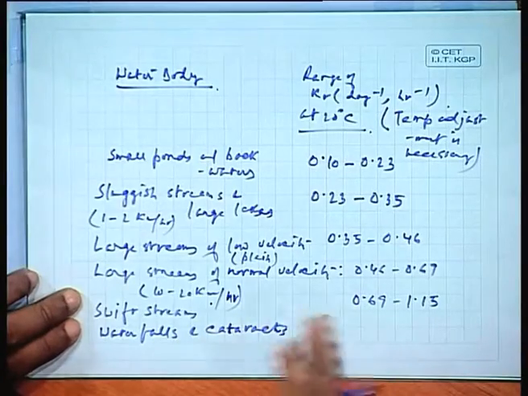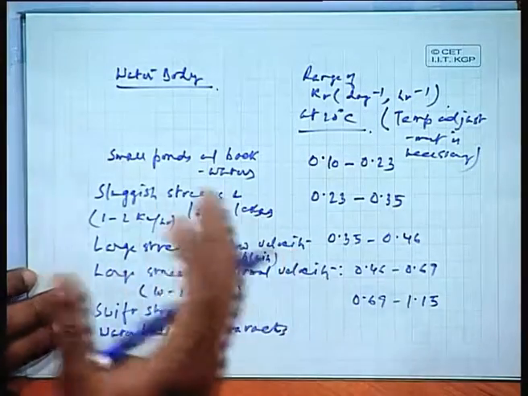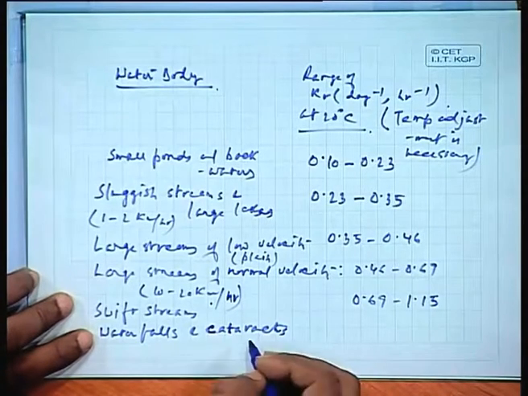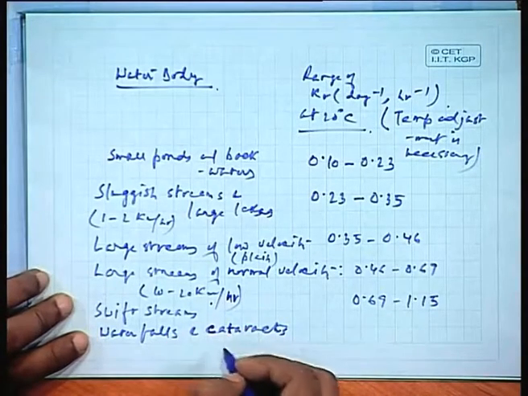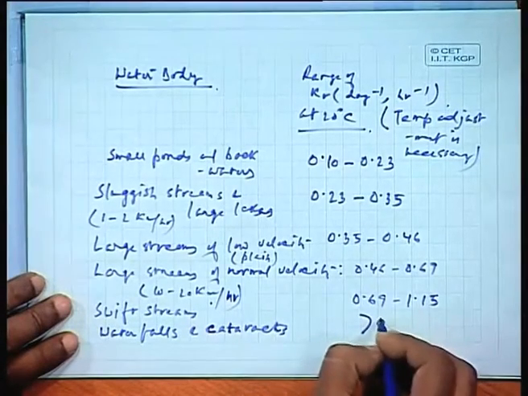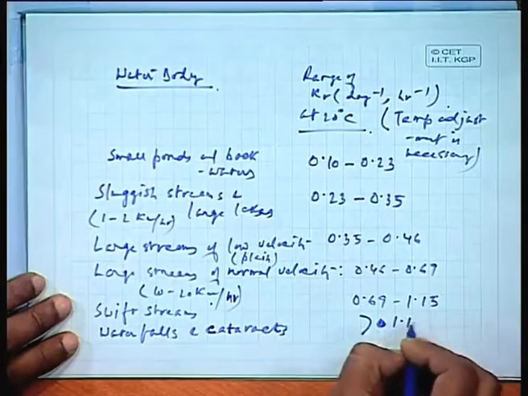Cataracts are where the water drops from a particular height. Those of you who have seen, mostly in India, in most cases we do not see waterfalls a lot. We see mostly the cataracts. So these cataracts are mostly 1.15.